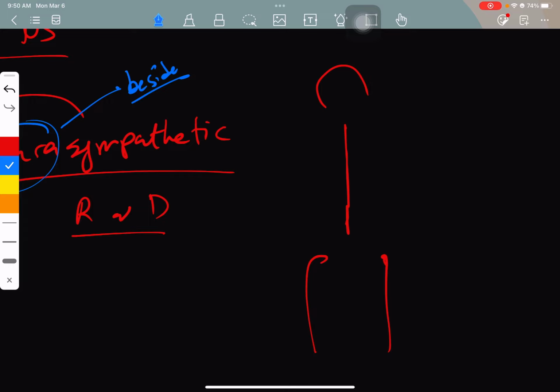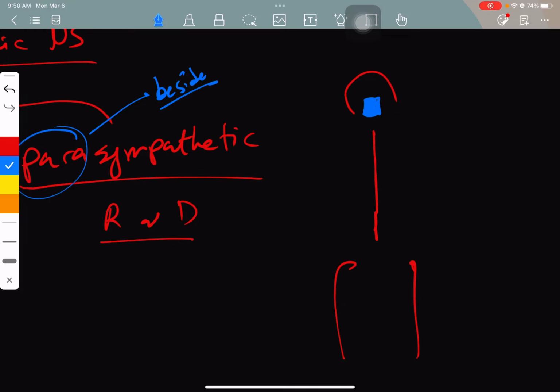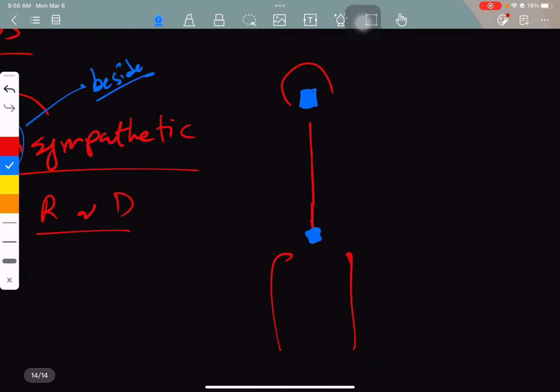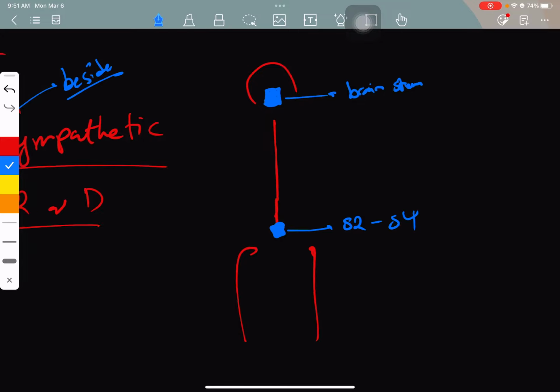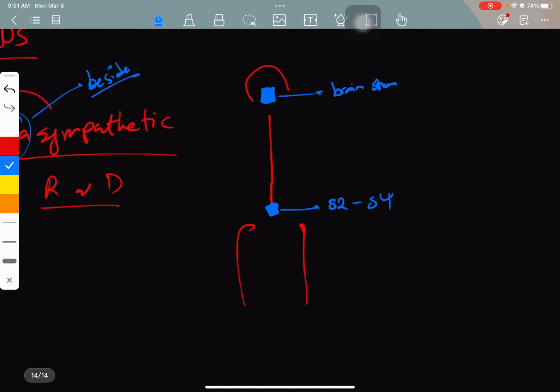The parasympathetic division begins somewhere here in the brainstem, and somewhere here at the bottom, which is called the sacrum. So that's your brainstem, and here that is your S2 to S4 sacral segments. These play a major role in the parasympathetic nervous system.